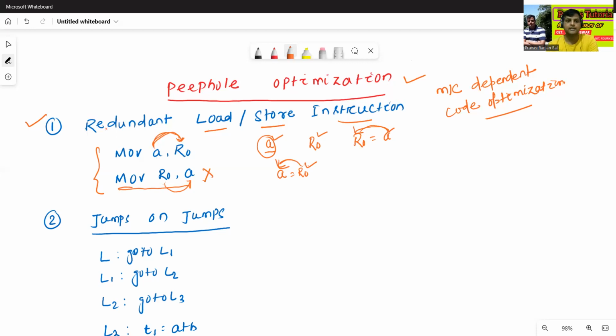Remember, we can also write move A comma R0 like this.